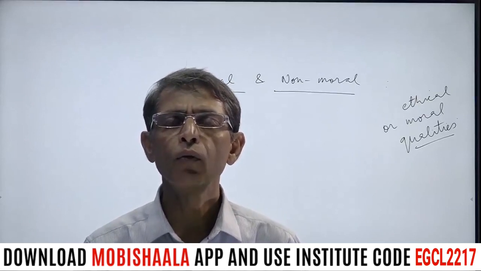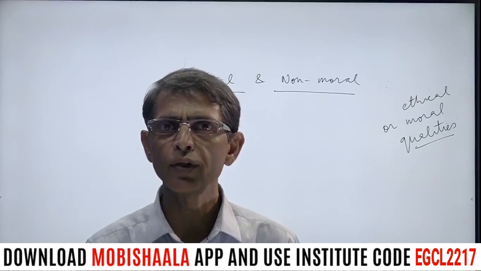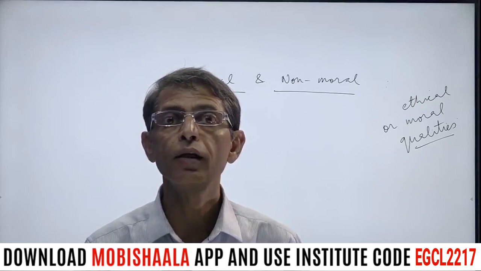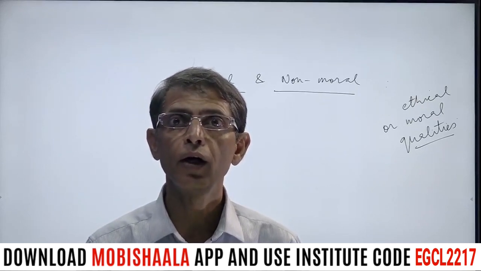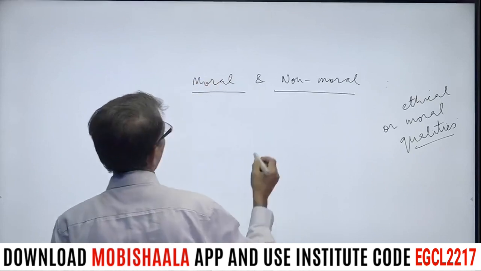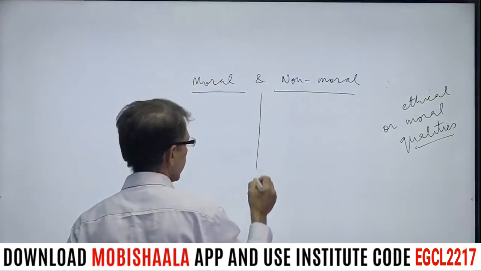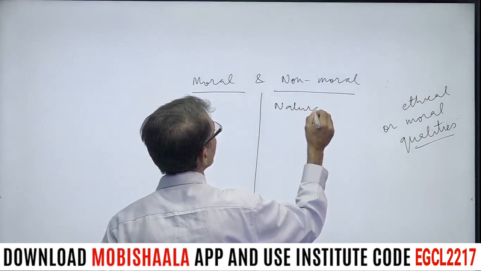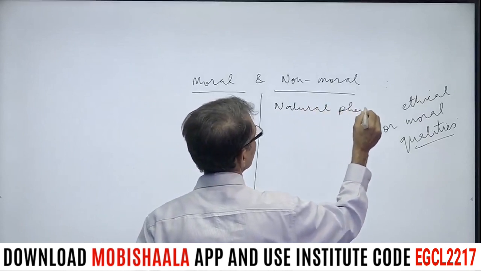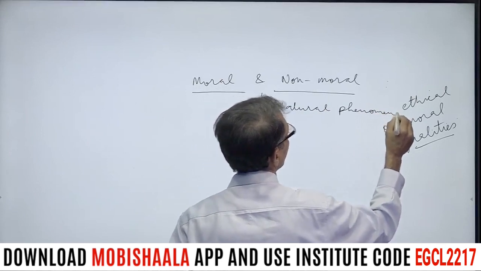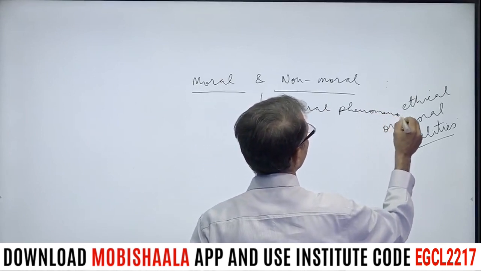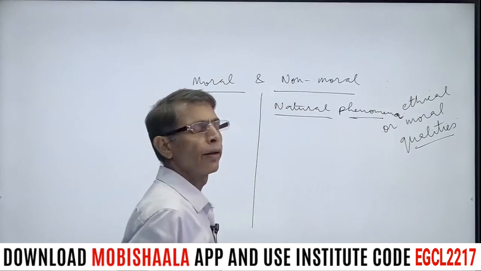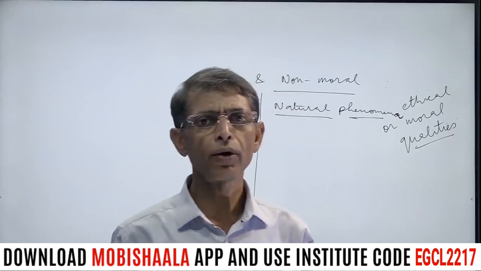What actions or activities or phenomena are known as non-moral? The very first thing is natural phenomena, like flood, hurricane, drought.